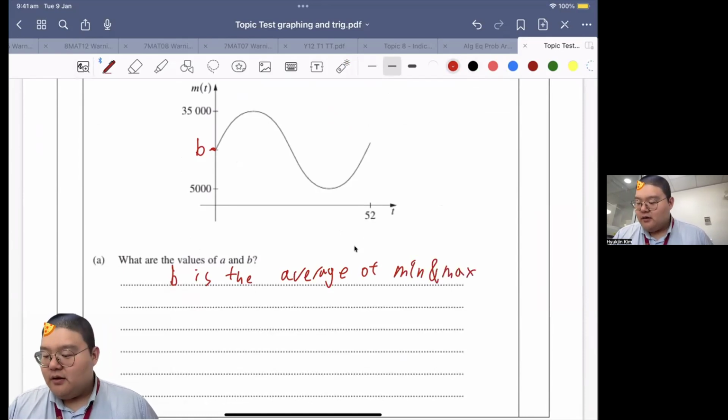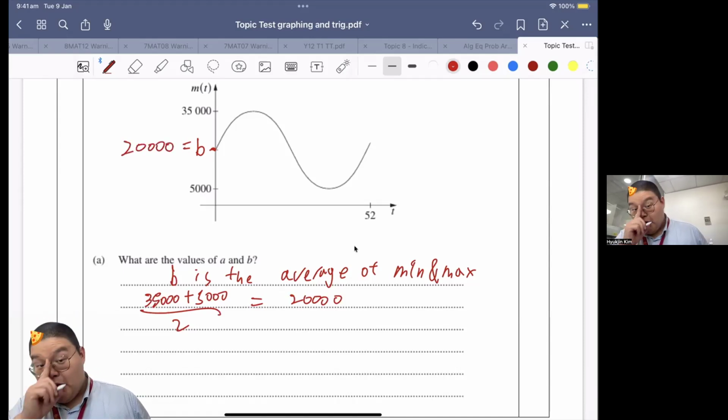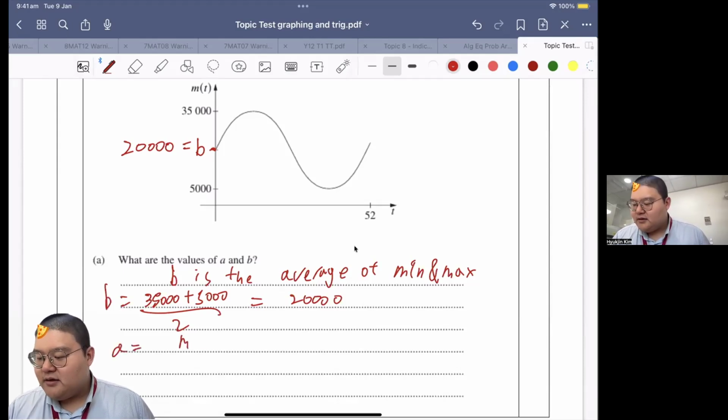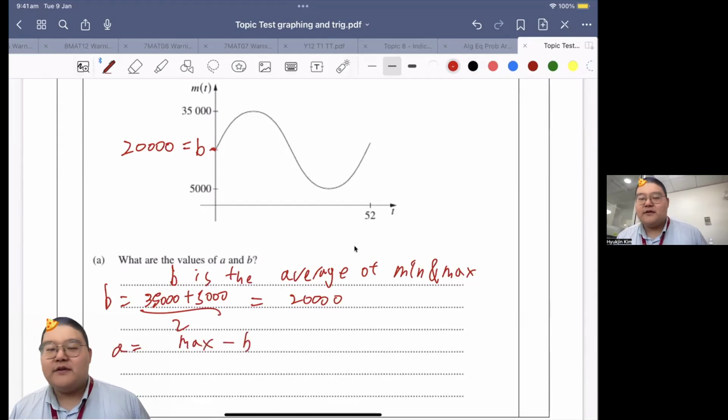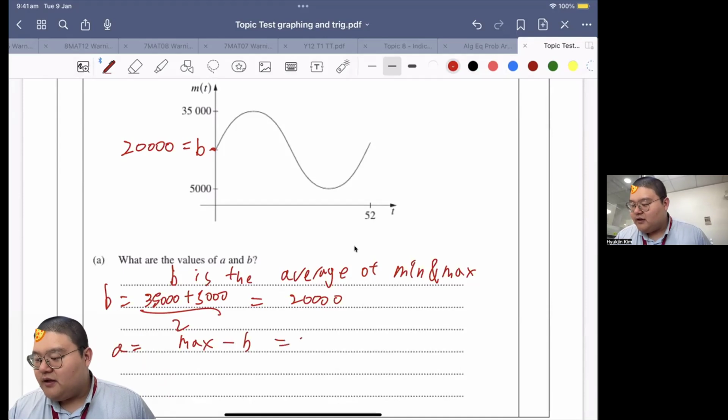What does that mean? 35,000 plus 5,000 over 2, which is 20,000, if I can do addition and division as well as I used to. So that's 20,000. Now, what's amplitude? Amplitude is max minus b. Whatever the difference from the maximum or minimum to the center of motion is, which is just 15,000 in this case.